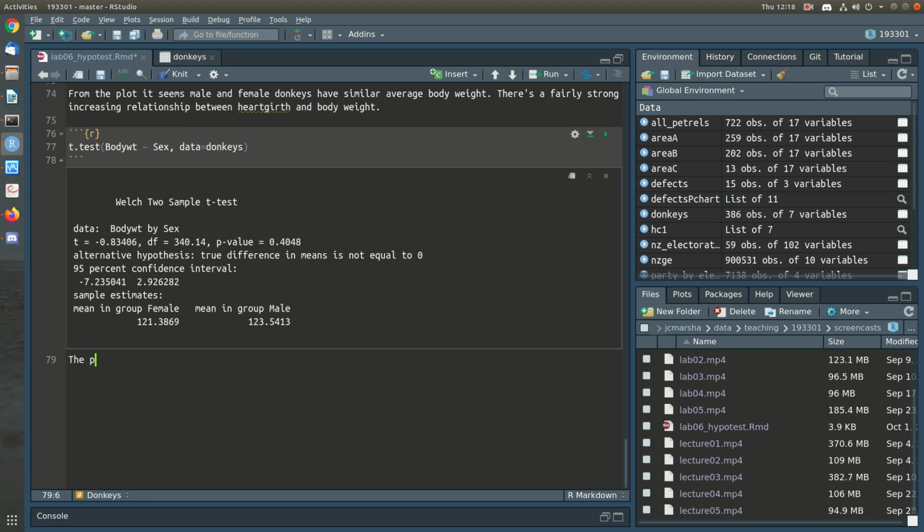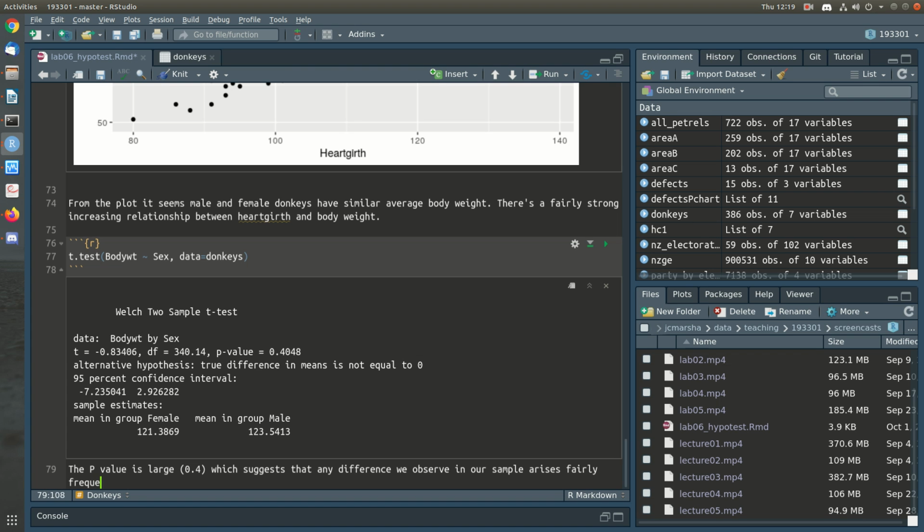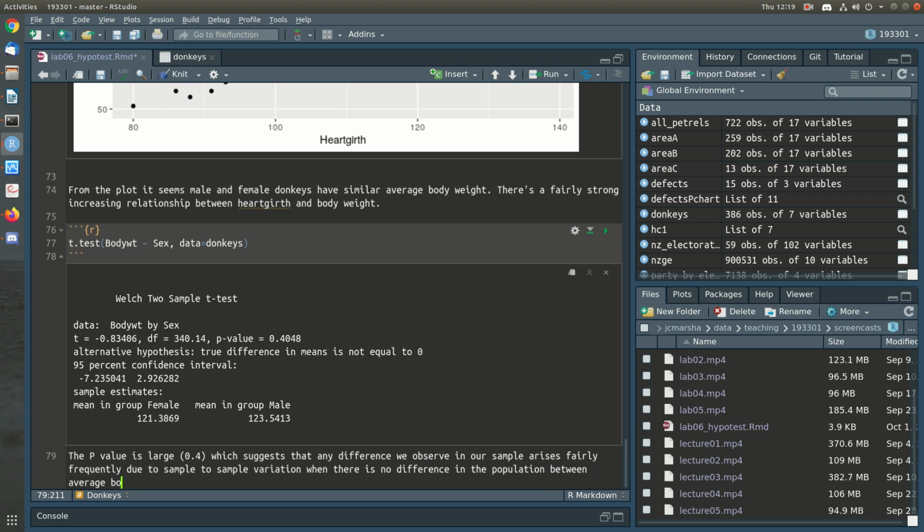Well, the p-value is large, .4, which suggests that any difference we observe in our sample could just arise fairly frequently due to sample variation when there is no difference in the population between the sexes.